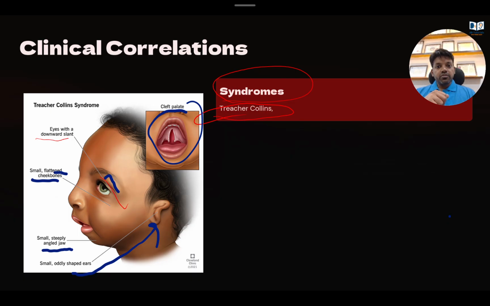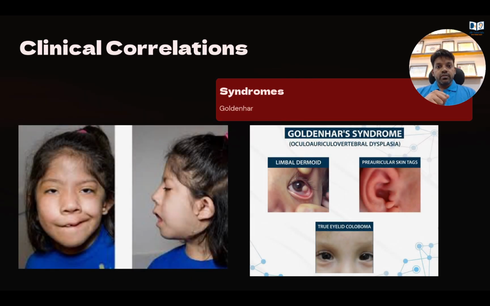Then we also have, in syndromes, the Goldenhar syndrome. In this mainly three things happen. Two are related to the eye. The limbal dermoid is nothing but an outgrowth. It's a benign, non-cancerous outgrowth, and generally the child has it from birth.